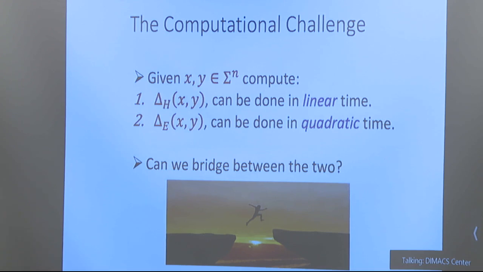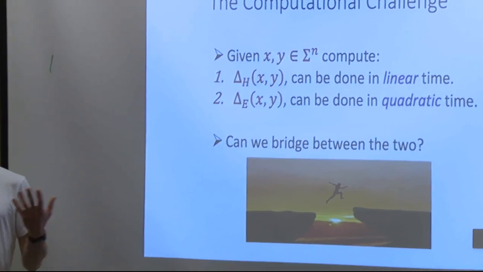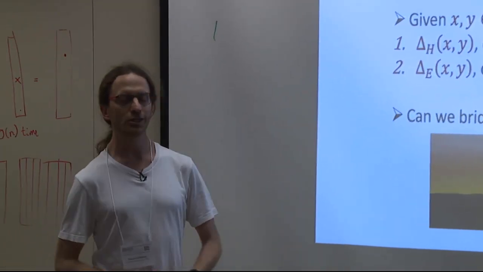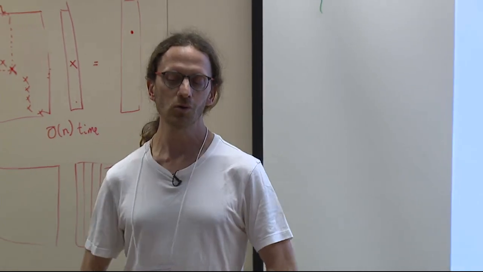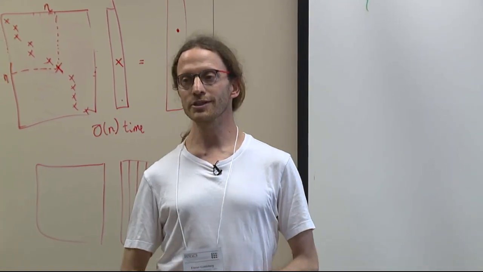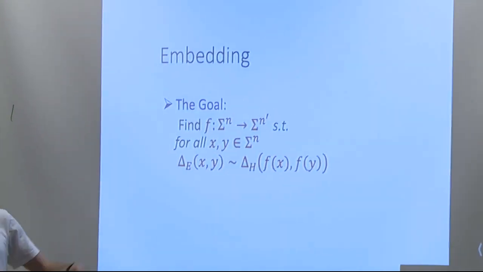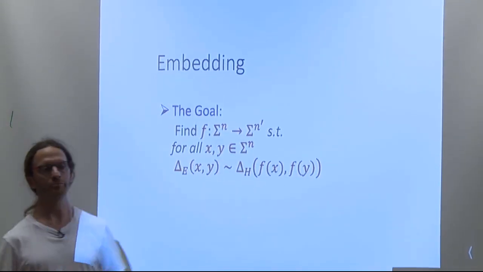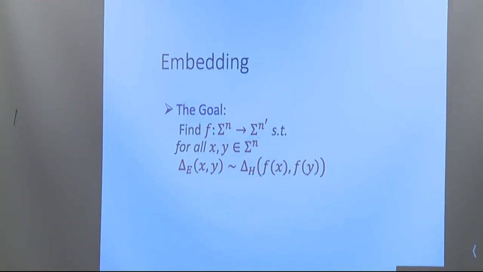A natural approach to the bridge is to give an embedding. Let me tell you what embedding means. We would like to have some function that maps strings of size n into strings of size n prime, where we hope that n prime would be very close to n.